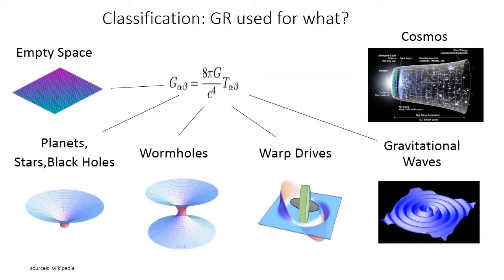The next example is a wormhole, and a wormhole is another possibility to travel faster than the speed of light. How do we create such a wormhole? What we have to do is put two holes together. So on top we have a black hole, and on the bottom we have a white hole.